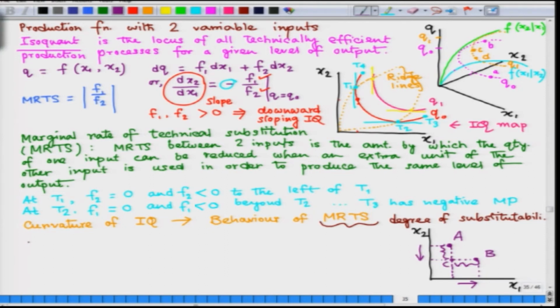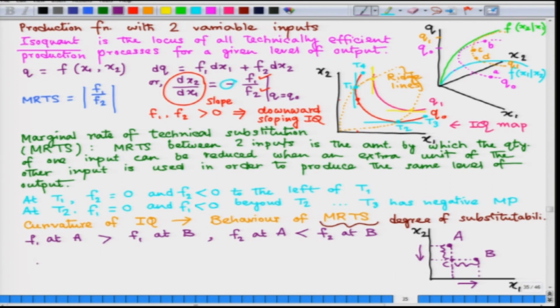So we can write the marginal product of input 1 at point A is greater than the marginal product at point B, and we can also write the marginal product of input 2 at A is less than the marginal product at input bundle B. So now let us take the ratio. Why do we take the ratio?